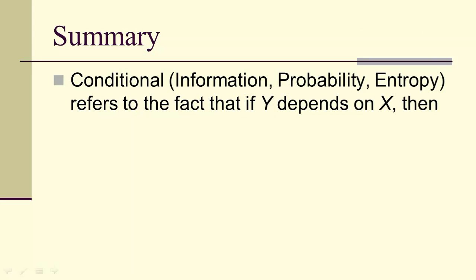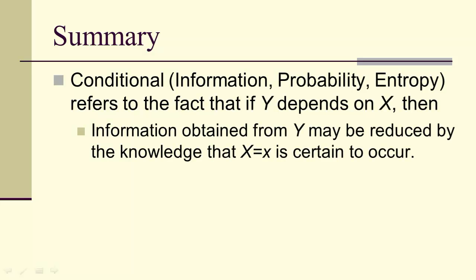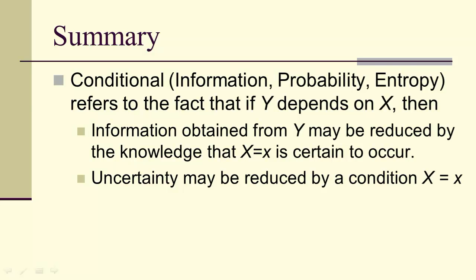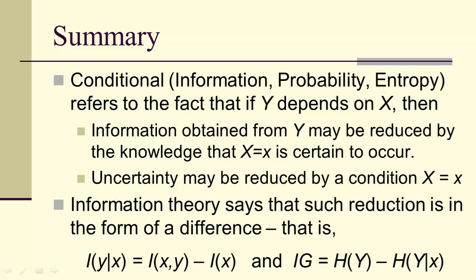So in summary, anytime we say conditional, we're referring to the fact that if y depends on x, then information from y may be reduced by the knowledge that x equals little x is certain to occur, or uncertainty may be reduced. In general, information theory says that these kinds of reductions are due to differences. Differences in joint minus the individual, or differences in the individual entropy minus the entropy given a condition x.